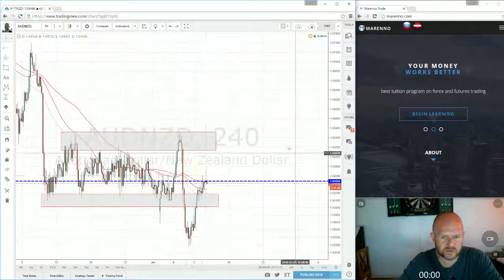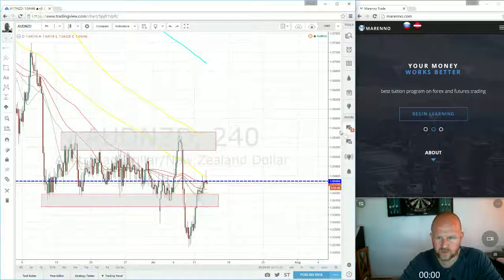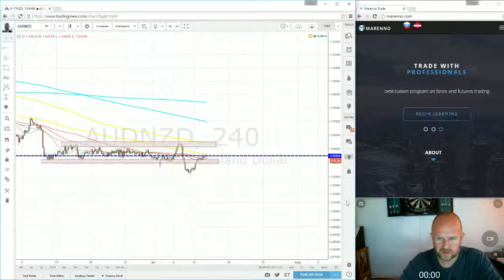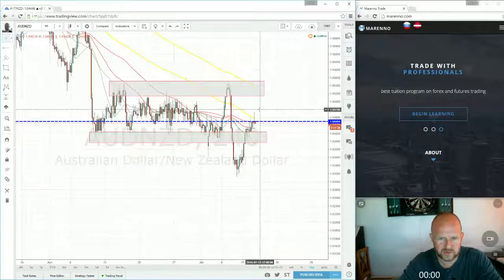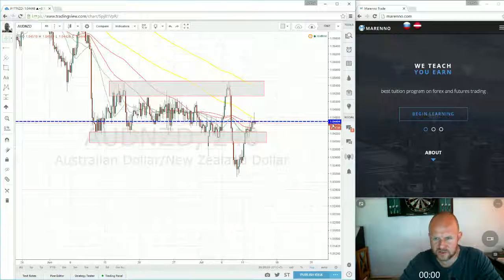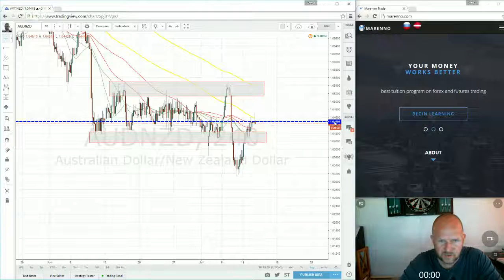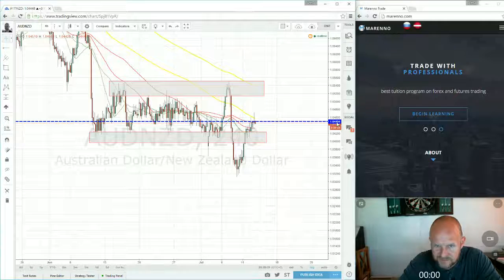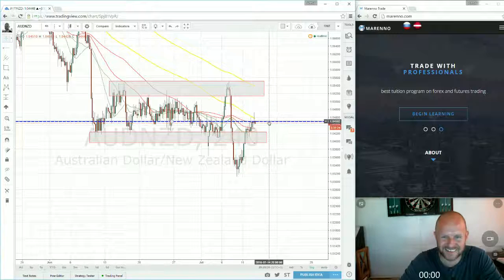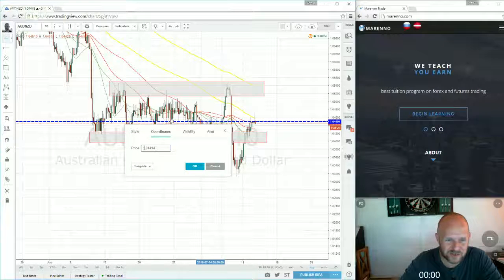Aussie, New Zealand. Ooh, nice one. It does look good. Very good. So basically, as you can see, this level here, 1.04494. Well, let's say 1.045. Yeah, easier to remember at least.